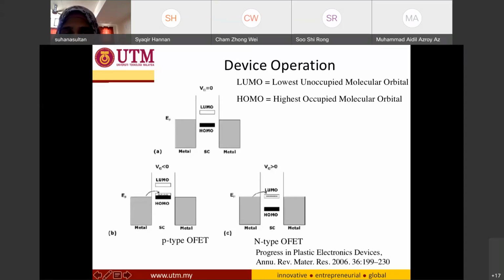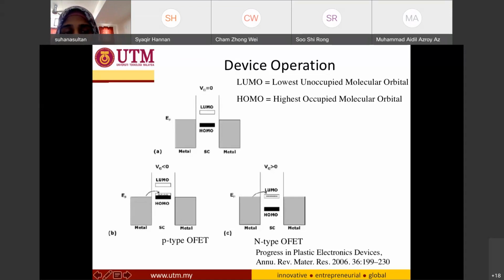So nothing happens. At Vg less than 0, meaning a negative voltage is applied to the gate, you are inducing positive carriers. Positive charges are induced at the organic semiconductor, organic insulator interface.